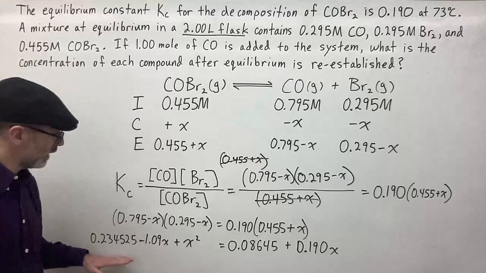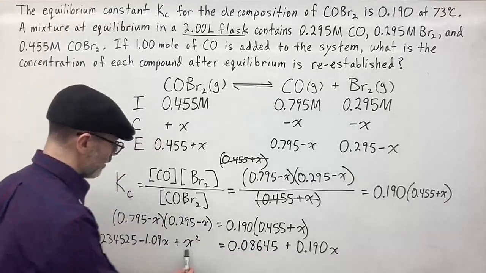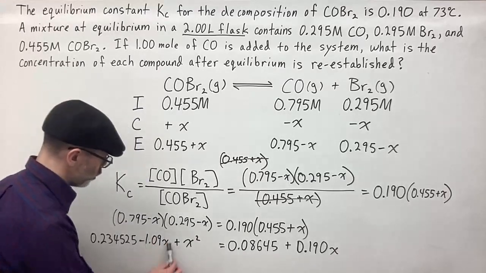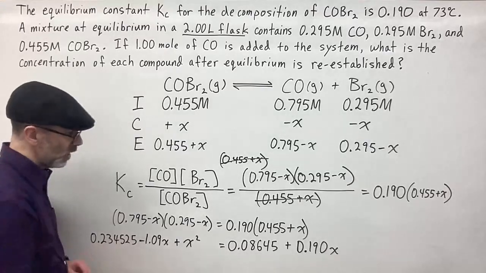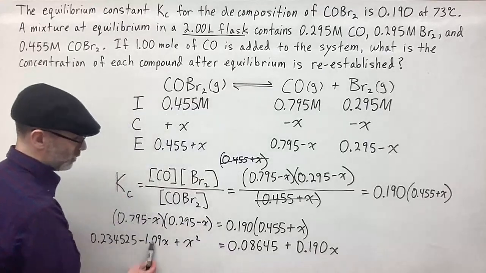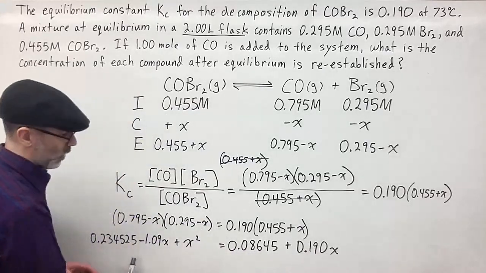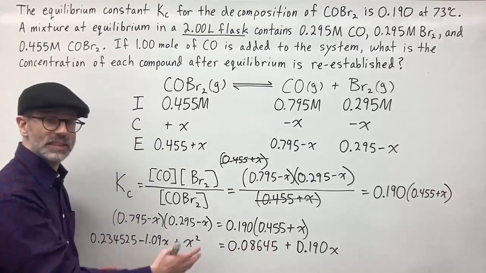Okay, so then I have this, and now, since I have an x squared term, an x term, and this term without an x, I can add the x's on this side and bring this over, so I get everything all the way onto one side equal to 0.